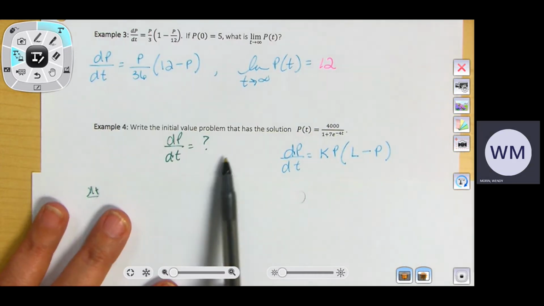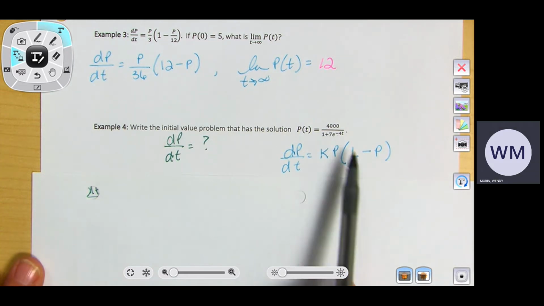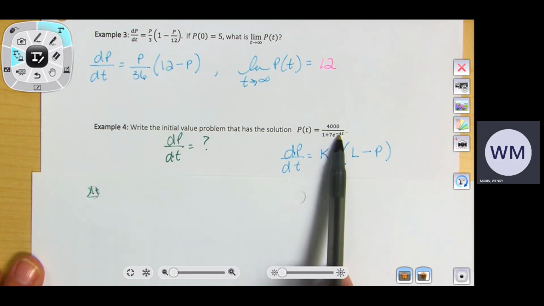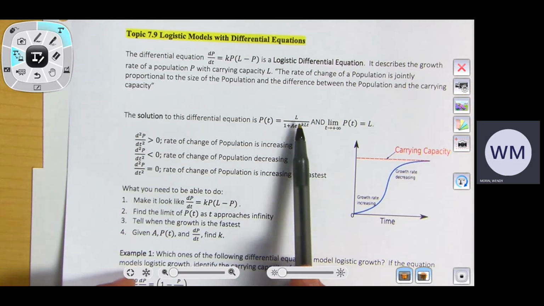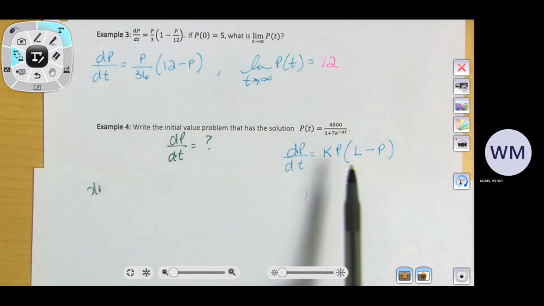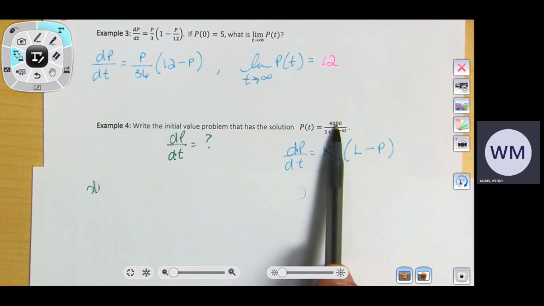Okay, and so it's asking us to find k times p. So what do we know? We know our L is 4,000. Going back to the front, -4 is -k times L. So -4 is -k times 4,000.